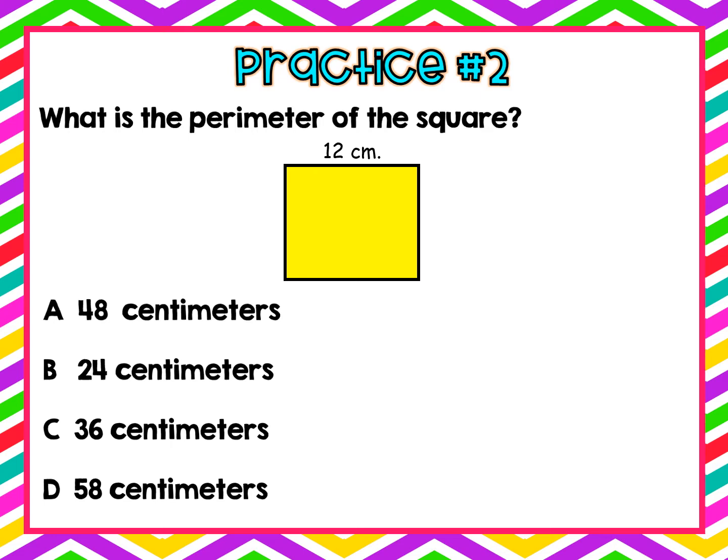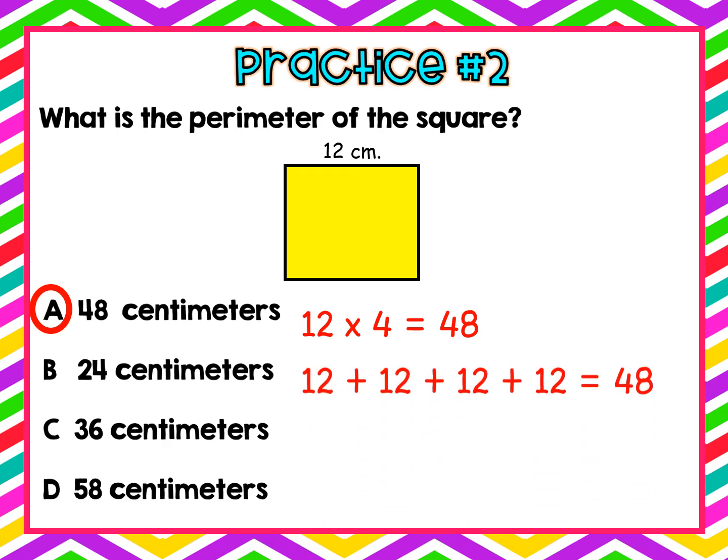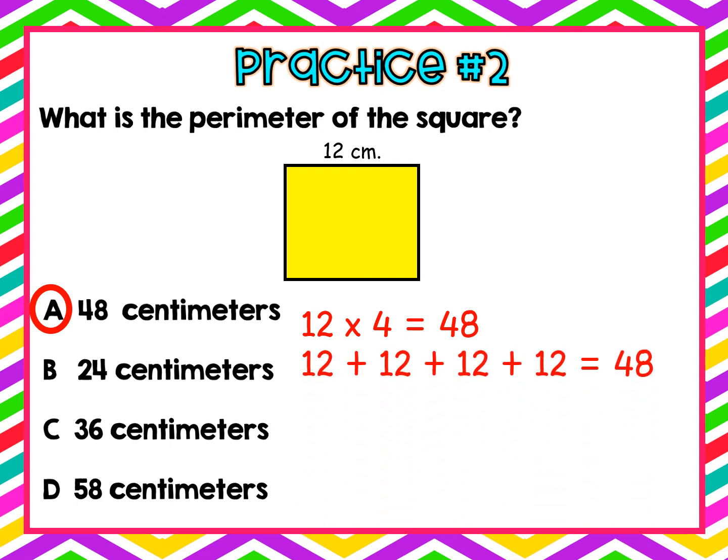The perimeter of the square is 48 centimeters because 12 times 4 is 48, or 12 plus 12 plus 12 plus 12 equals 48.